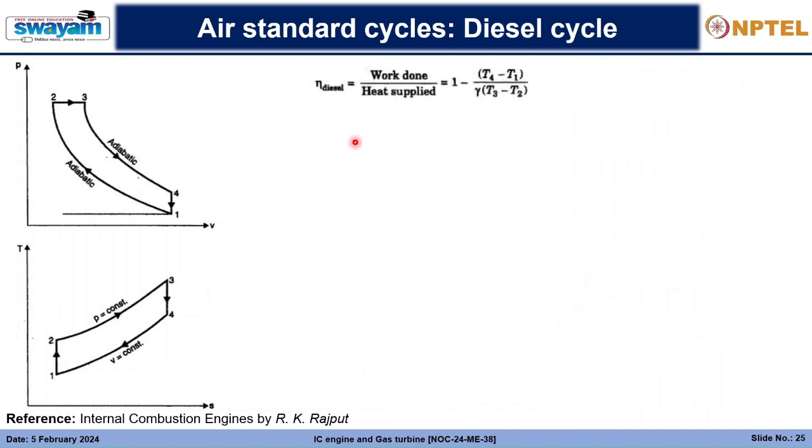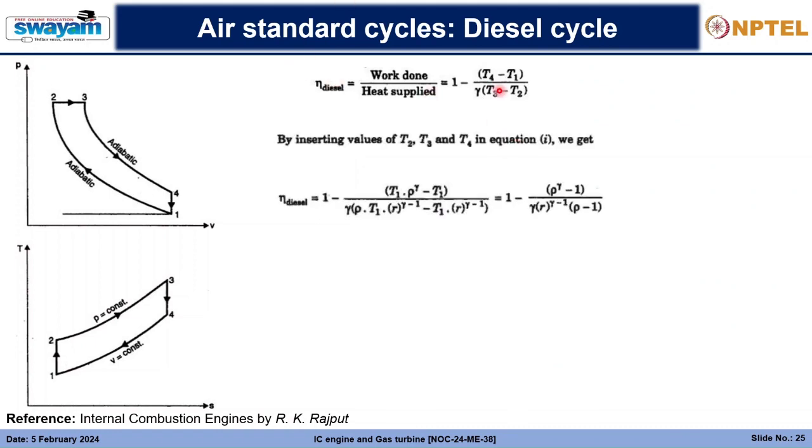Next, for eta diesel, if we plug in all the expressions of T4, T1, T3, T2 into a common term, we finally get a relation like this. This is one of the final relations of the isentropic, air standard efficiency of the diesel cycle.